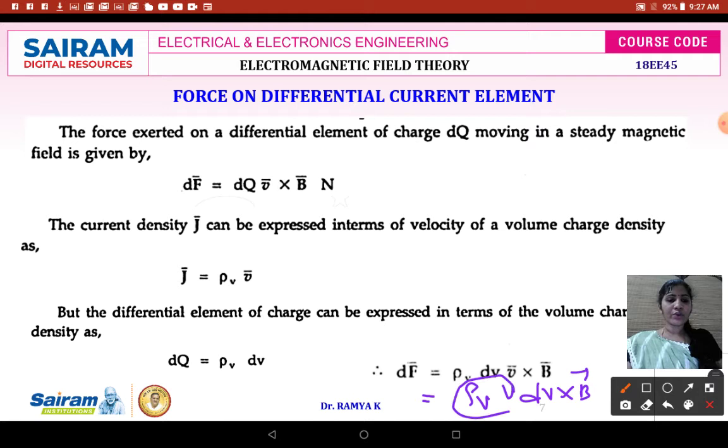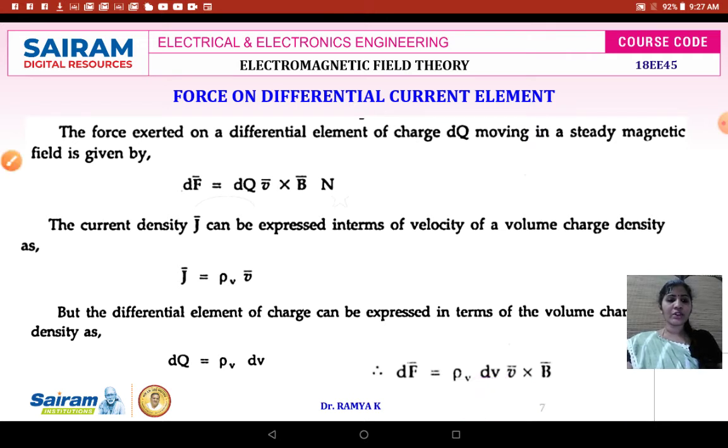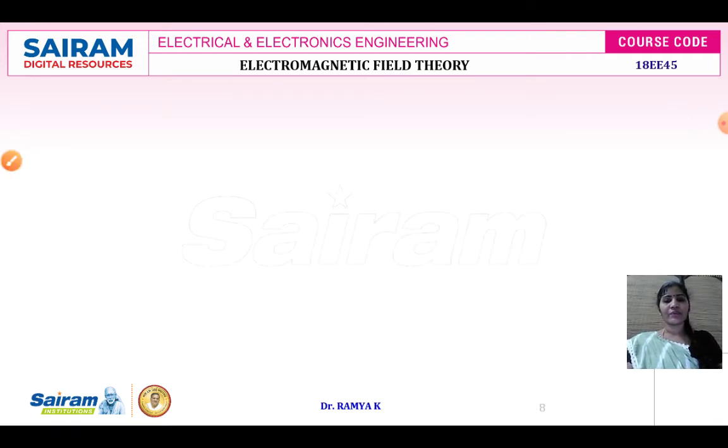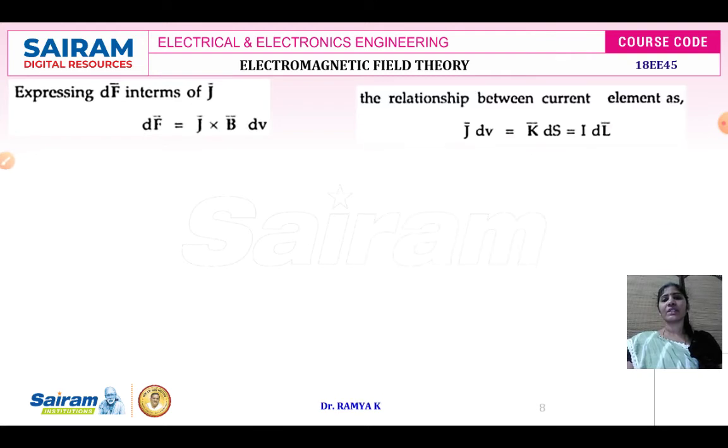Rho v into v is nothing but your current density J. Substituting it, we will get dF is equal to J cross product with B into dv.